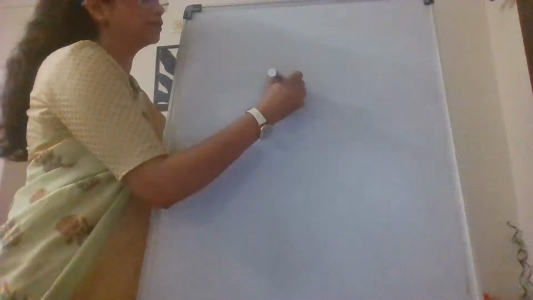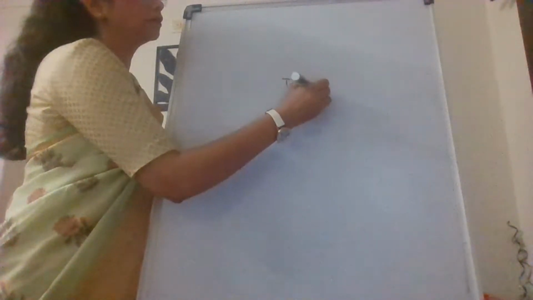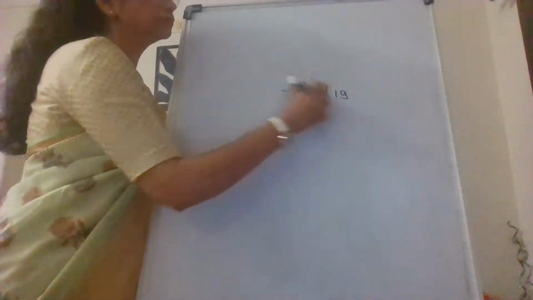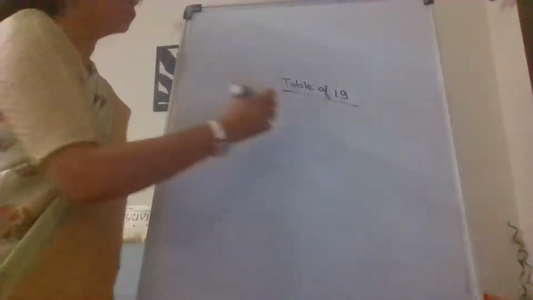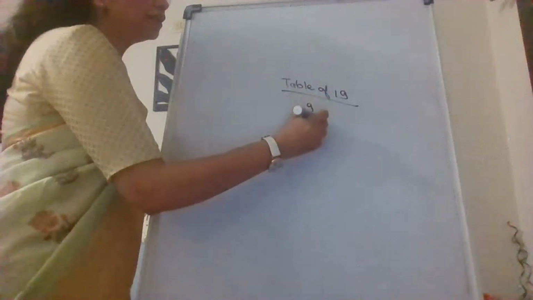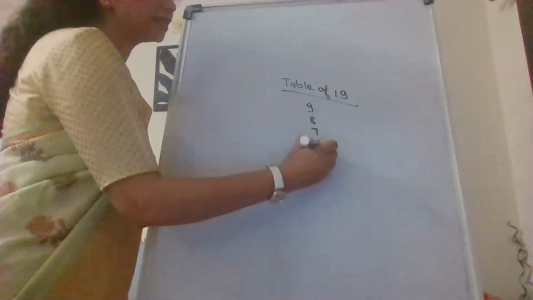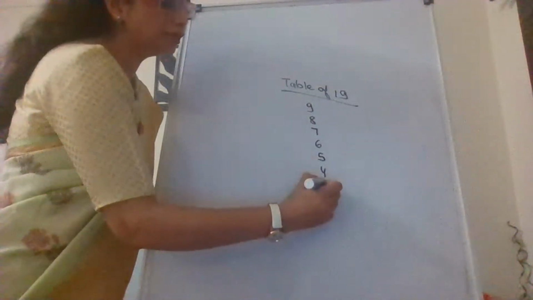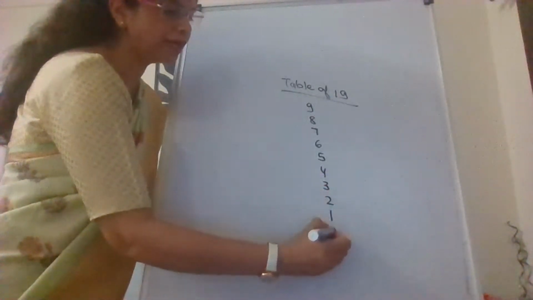Let's learn table of 19. This is also very easy to make. Table of 19. What you have to do? 9, 8, 7, 6, 5, 4, 3, 2, 1 and 0.